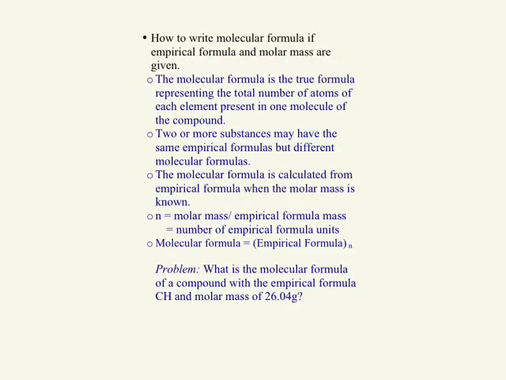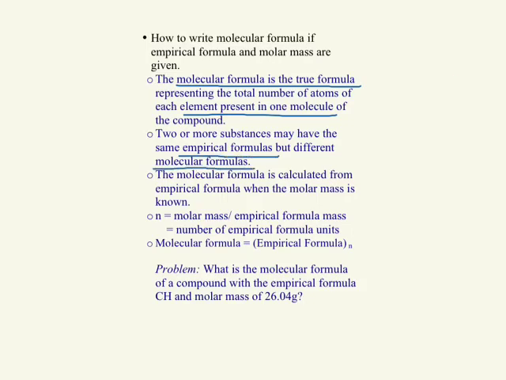Now, empirical formula is the simplest formula. But what is the molecular formula? Molecular formula is the true formula representing the total number of atoms of each element present in one molecule of the compound. Two or more substances can have the same empirical formula but different molecular formulas.